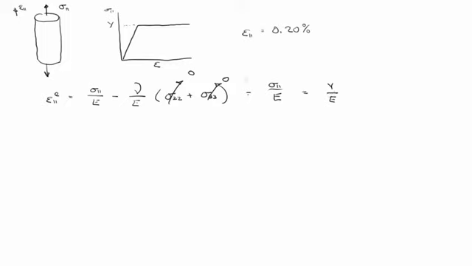So in this plastic regime, same thing, sigma 2,2 is minus mu over E sigma 1,1, which is equal to minus mu Y over E. Sigma 3,3 is equal to minus mu over E sigma 1,1, minus mu Y over E.